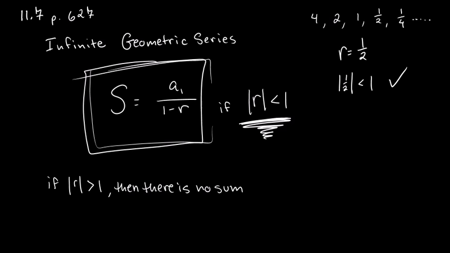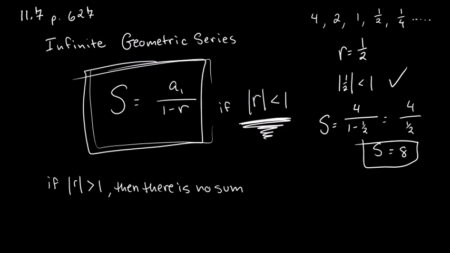So the sum of the entire series is a sub 1, which is 4, over 1 minus r, which is 1/2. That is 4 divided by 1/2, and that's going to equal 8. So even if I do 50 terms or 100 terms, it's going to keep getting closer and closer to adding to 8.